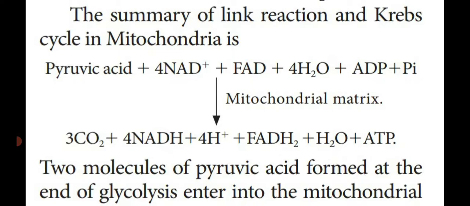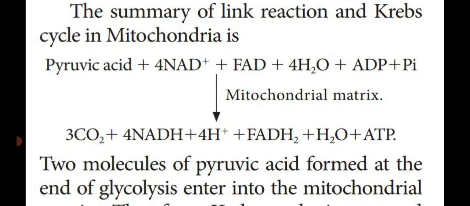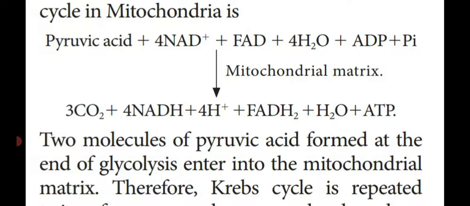Pyruvic acid plus 4 NAD, that is a coenzyme, the other coenzyme FAD, utilizing 4 molecules of water, adenosine diphosphate plus inorganic phosphate, taking place in the mitochondrial matrix, are the reactants. The products are 3 molecules of carbon dioxide liberated outside, 4 NADH2 formed, 1 FADH2 formed, 1 water molecule liberated outside, and 1 molecule of ATP produced.